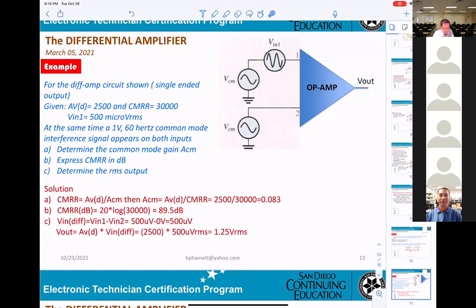Vin is 500 microvolt, and at the same time a 1 volt 60 Hz common mode interference signal appears on both inputs. So in the circuitry, this is your signal right here, and this is the noise. The noise here is identical on both inputs. They call it VACM.